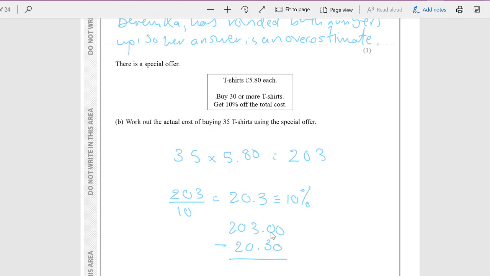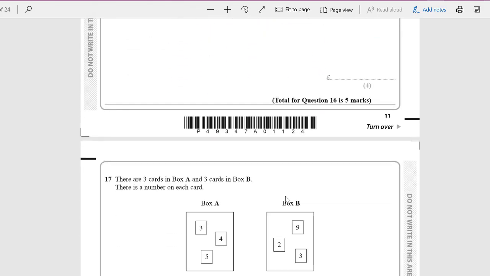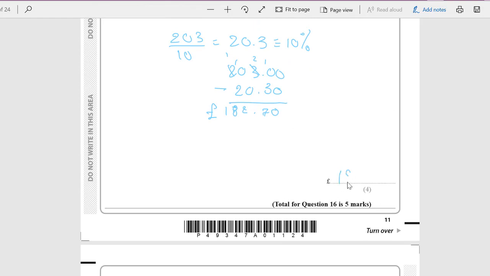So working it out, turn that into 2, we get 0.2, and then we borrow the 1 there. So 10 take away 2 gives us 8, and then we have a 1. So the answer is going to be £182.70. So we'll write that up there.